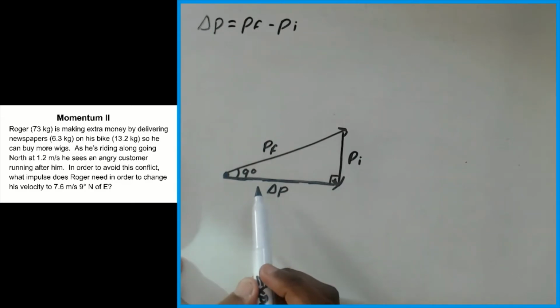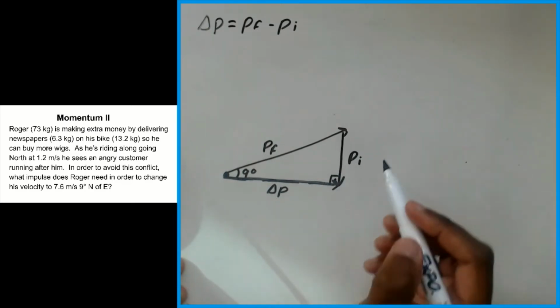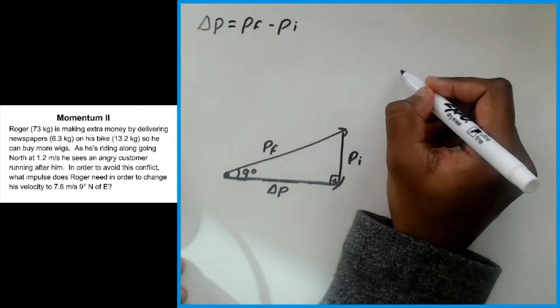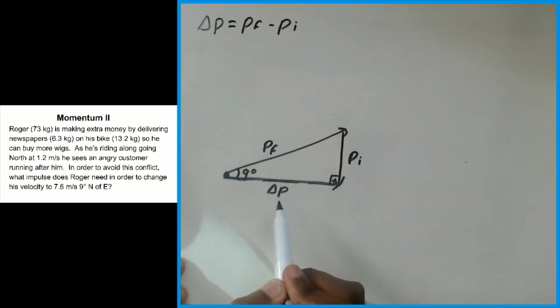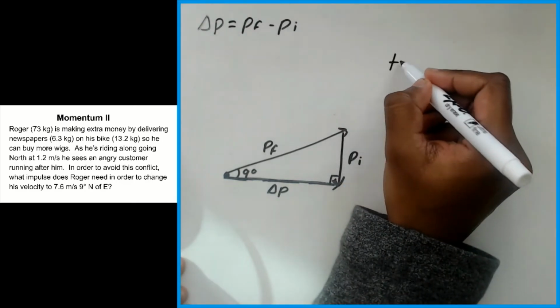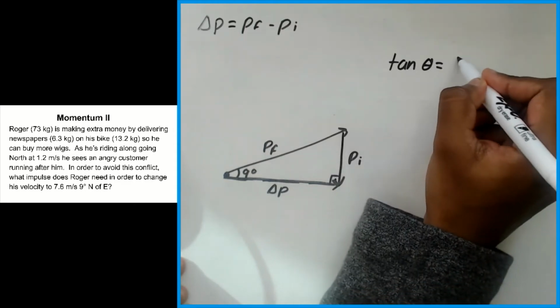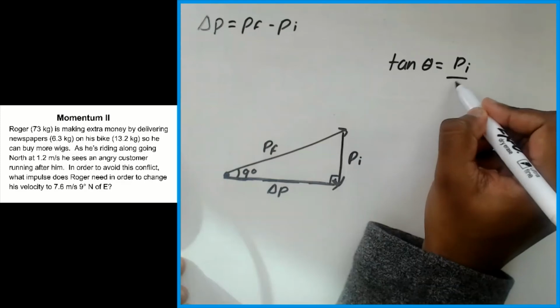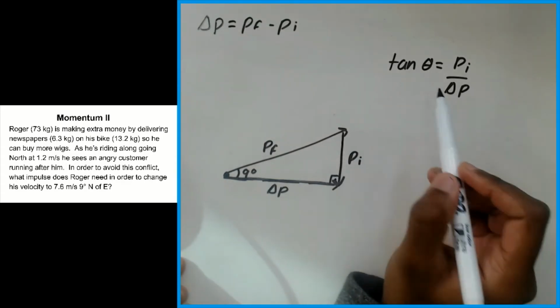So if we use PI and change in P, what we can write is this relationship. So according to this angle over here, this is the opposite side, and this one is the adjacent side. So what you could do is write tan of theta is equal to PI all over change in P. And if you want to just isolate for change in P, you can move that over.